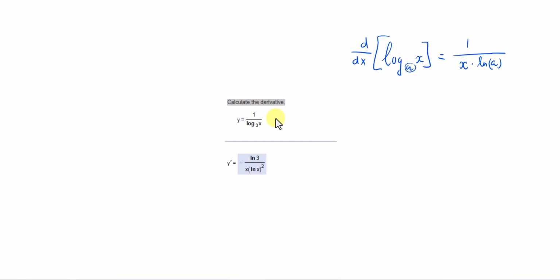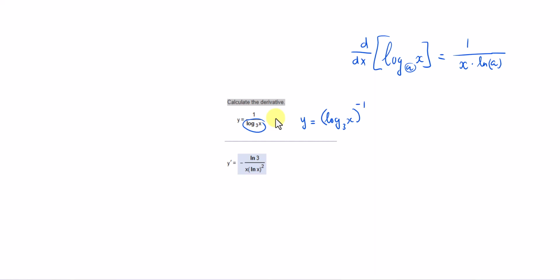Now in this case, our log is staying down here. So to find the derivative, we have to bring it up, right? So we can apply the power rule. I'm going to make it log base 3 of x, bring it up here, and make it to the -1 power.